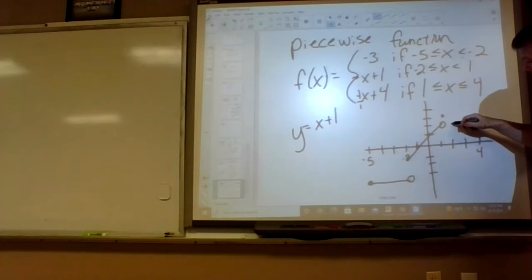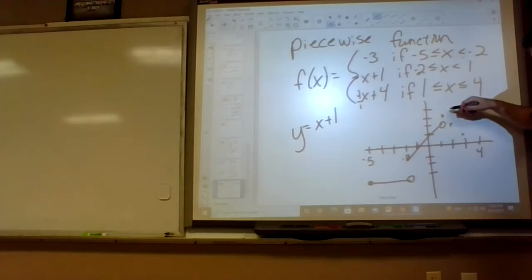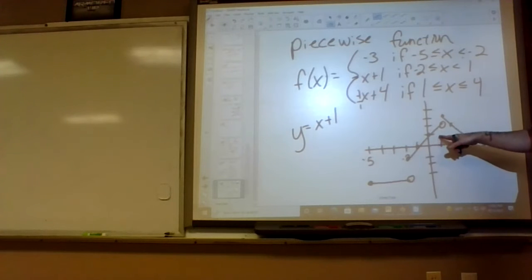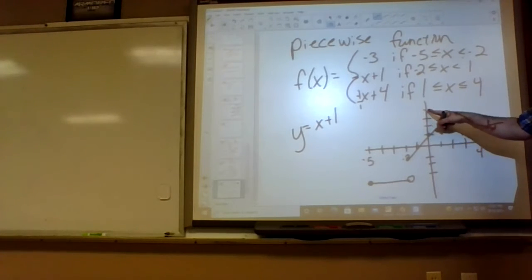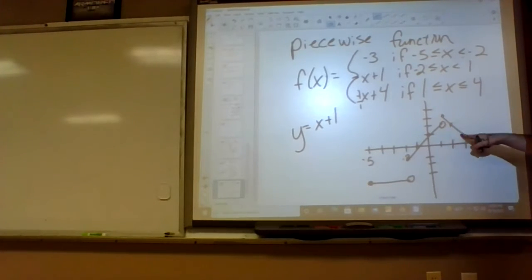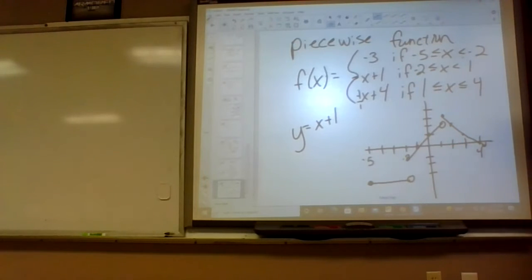Basically a -1 slope. Did I get that right? My picture's not very pretty. Down 1 over 1, down 1 over 1, down 1 over 1, down 1 over 1. Yeah, that's basically it.